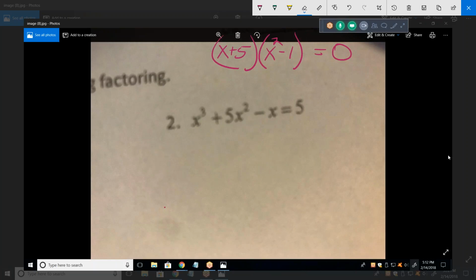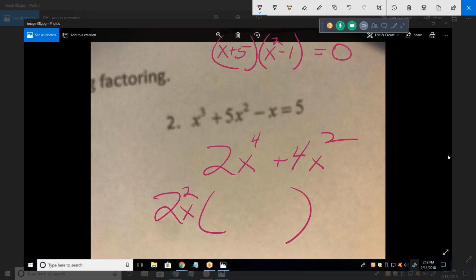Let's say I have this. Here, I'm just going to give you a quick example. What's the greatest common factor I can take out of that? 2x squared. Okay. Now, when I say what's left over, the way I get it is by dividing both terms by my greatest common factor. This is x squared.